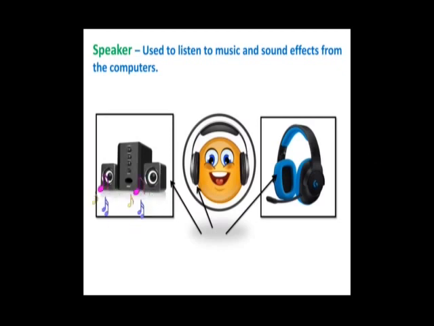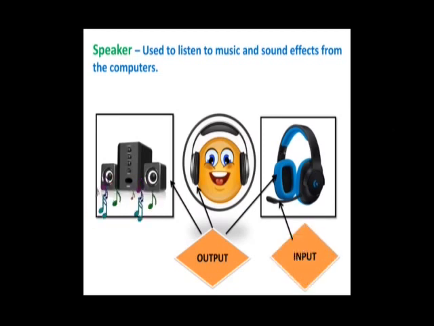Now these three are output devices: the first one, the second one that Smiley is using, and the third one where I have marked this arrow, the blue area, this is an output. These are all speakers. But there is one twist here. In the third picture, a small black mic is also attached.